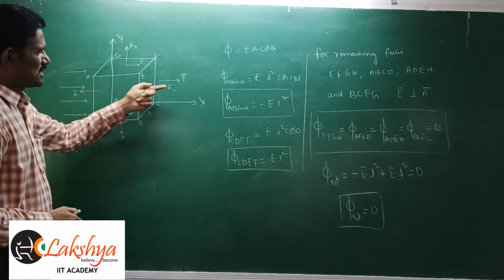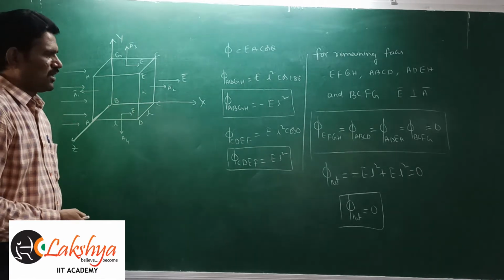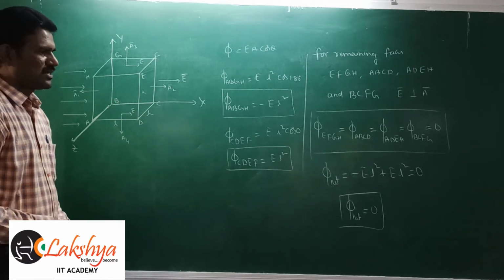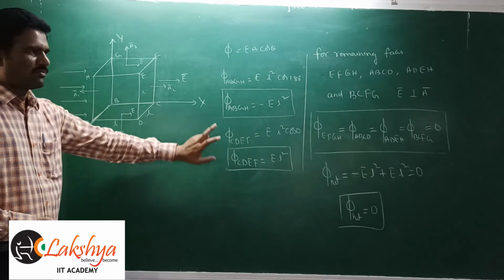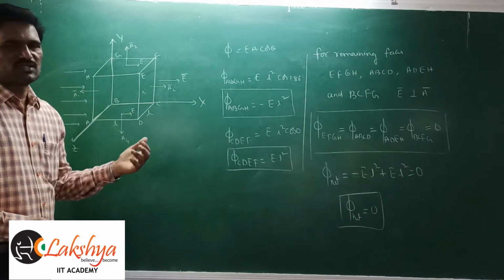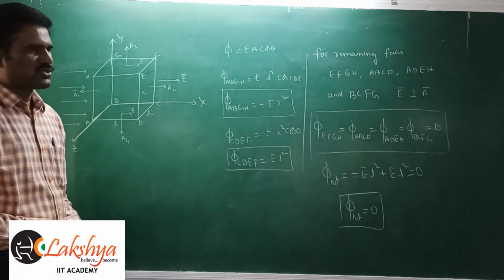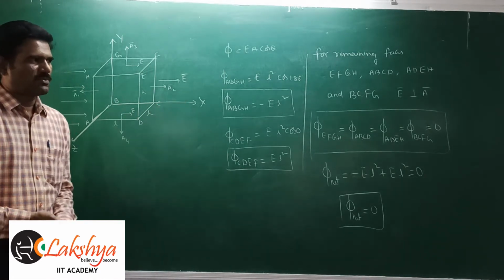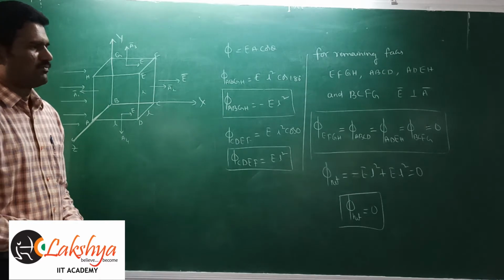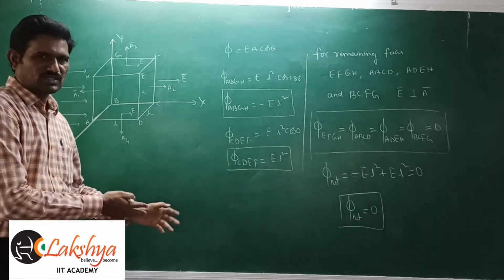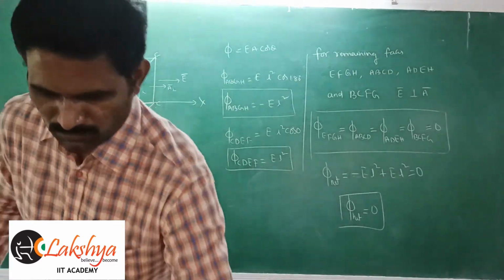Then the flux leaving from this surface has angle 0, so that is a positive flux. For all remaining 4 faces, the area and field vectors are perpendicular, so the flux through them will be 0, and the net flux in this case is also 0.